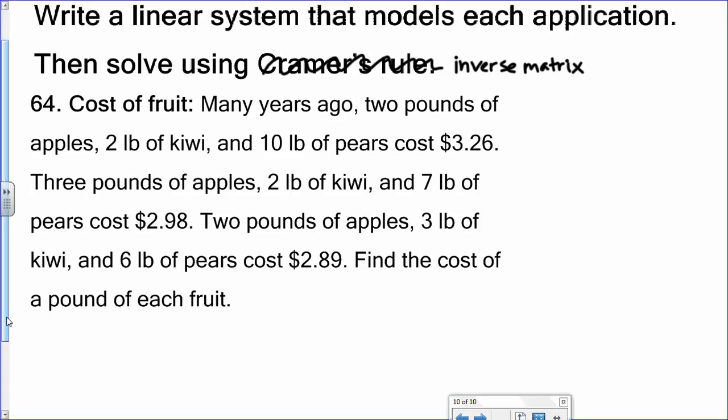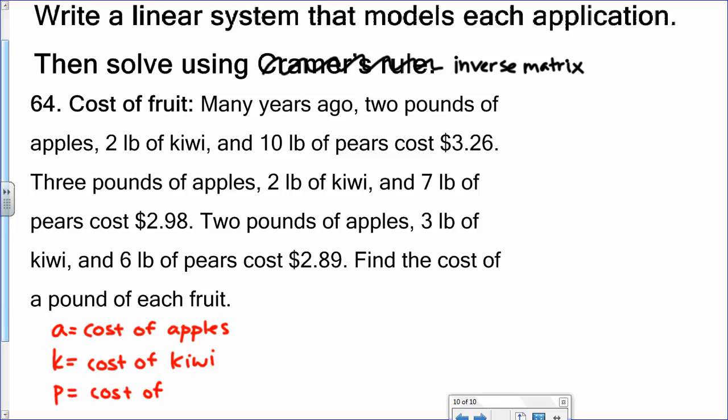So the question: find the cost of a pound of each fruit. This time we're not looking for the number of pounds, we're looking for the cost of a pound. So just keep that in mind when you're solving and the answers that you get. So A is the cost of a pound of apples. K is the cost of a pound of kiwis. And P is the cost of a pound of pears.